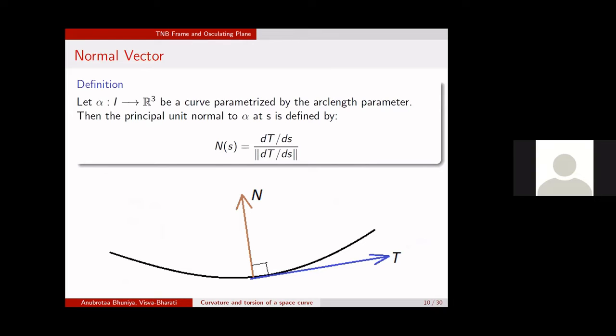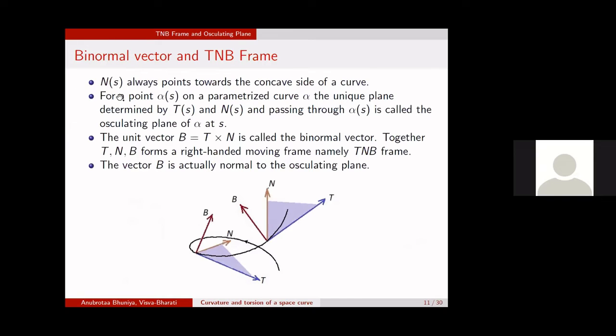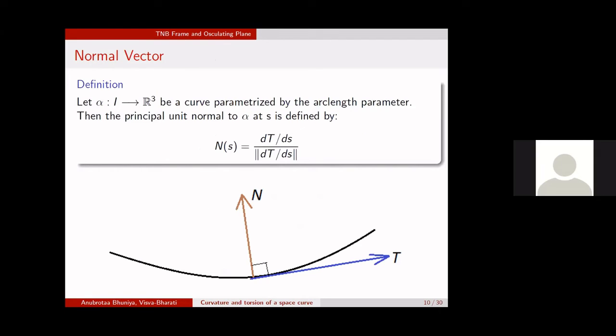So when we fix a normal vector, here we are giving the name principal unit normal to this particular normal vector, which is given by dT/ds by norm dT/ds. And this normal vector always points towards the concave side of a curve, that is this side, not this side, okay? Why is this happening? Because dT/ds always points towards the concave side of the curve. Since we are taking N(s) along dT/ds, it is pointing towards the concave side of the curve.